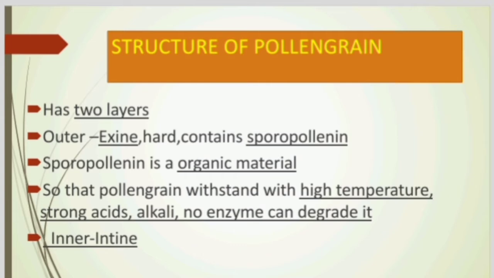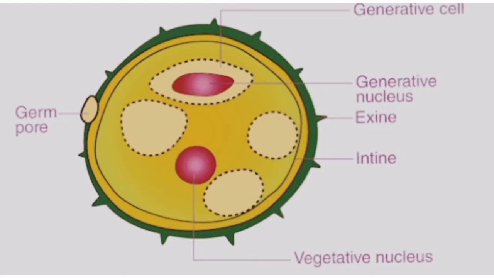So this is the significance of sporopollenin, which is present in the exine. The inner layer of this pollen grain doesn't contain any sporopollenin. Along with that, the germ pores are also present in the pollen grain, and the germ pore structure also doesn't contain any sporopollenin material. And we will discuss how the germ pore structure is in pollen grains, right? This is how the structure of a pollen grain is.